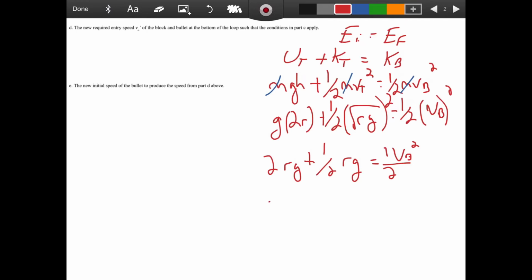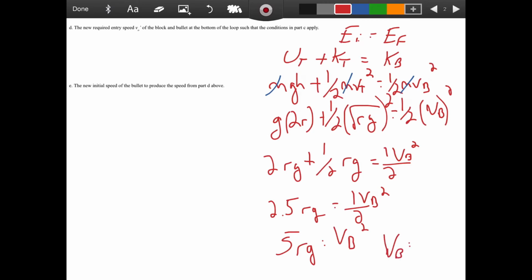So here we get 2.5 rg equals 1/2 vb squared. Multiply both sides by 2, 5 rg equals vb squared. So vb is equal to the square root of 5 rg.